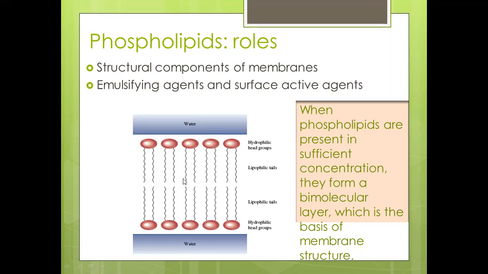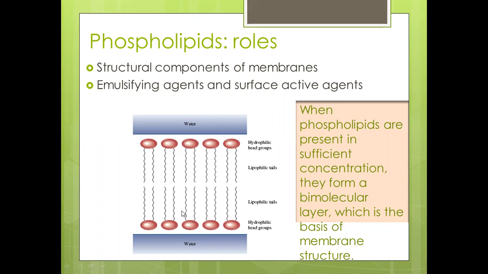This is the reason why, inside the cell, you have the cytoplasm, which is mainly composed of water. But outside of the cell membrane is also exposed to the environment, and the main solvent in biological systems is water. So water outside and water inside, and in between is the hydrophobic part. Somewhere in between is where ions come in and out of the cell.